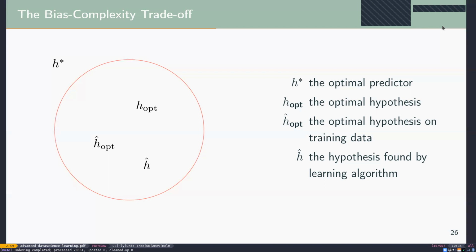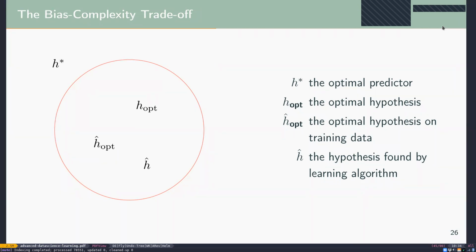Yeah, cool. So I wanted to introduce another notion which I think you've heard before. Let's say that we have a space of hypotheses that we're searching. It's this circle, right? So we limit ourselves. Let's say that these are all possible lines or something, right? Now I get some data, okay? Now it turns out that H star is the thing that's perfect on the true data distribution, right? So H star might lie outside of this, so it's outside our hypothesis space.